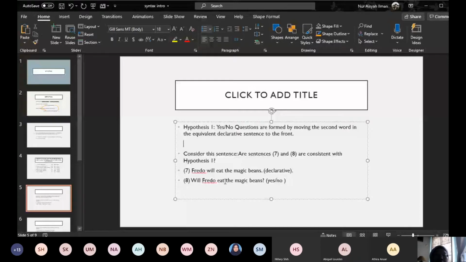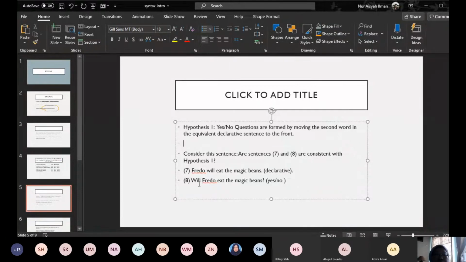For this data, the hypothesis is correct because will is the second element after Frodo, and we form the yes no of 8 when we bring will to the front.